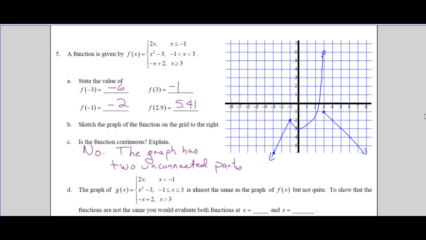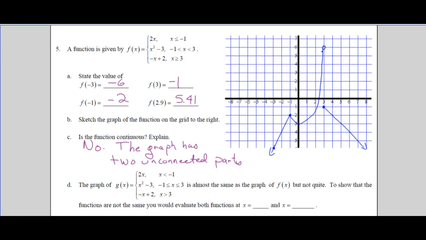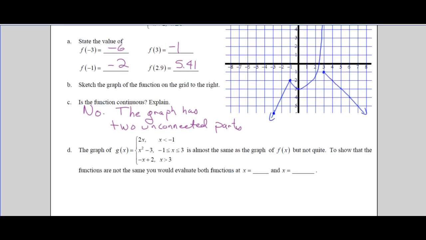This is strictly less than down here, and this is strictly greater than here, and this is less than or greater than. So what points would we want to evaluate it at? -1 and 3. Yeah, -1 and 3, right? Because those are the points where the domain changes.